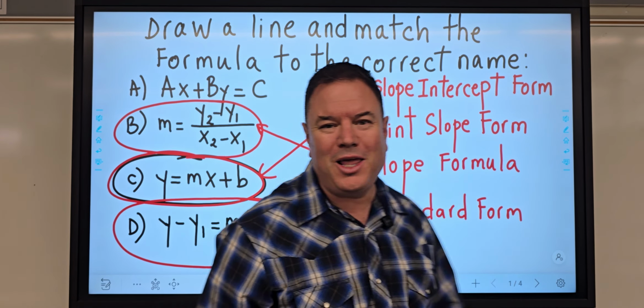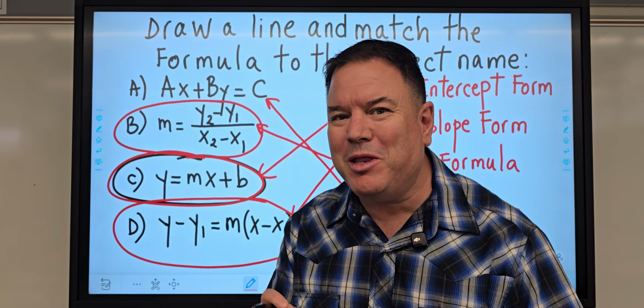And finally, the standard form is ax plus by equals c. We are going to use standard form especially in Unit 5, when we are going to solve systems of linear equations by the elimination method.